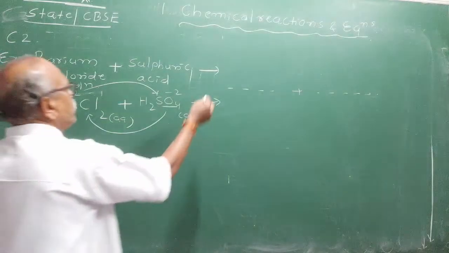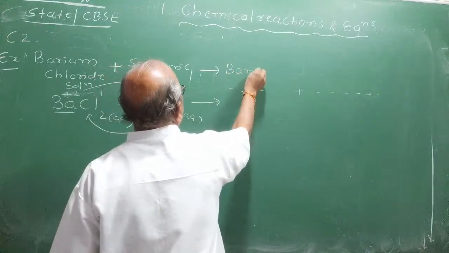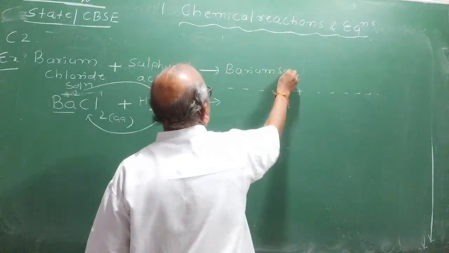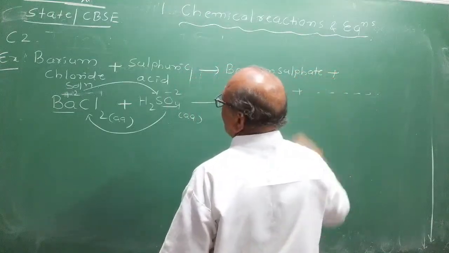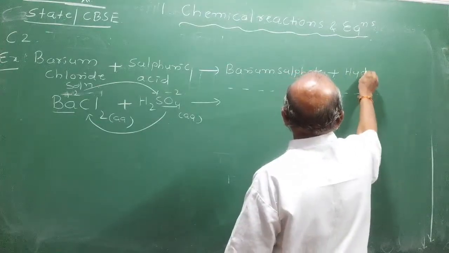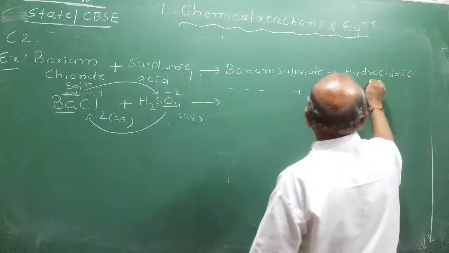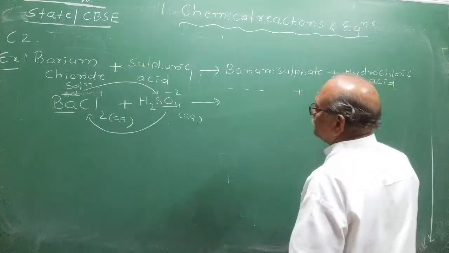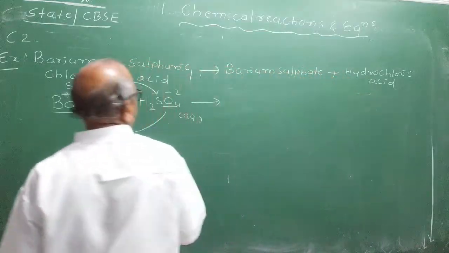The product will be barium sulfate. Write the formula of barium sulfate plus hydrochloric acid. Check your ability to write formulas along with symbols. You can write the precipitate.